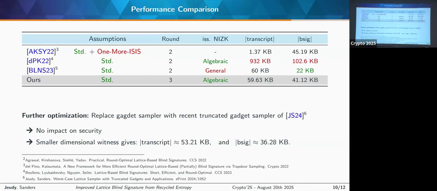And in our case, we keep on standard assumptions and proofs of only algebraic relations, which are much more efficient, and we still reach competitive sizes of roughly 41 kilobytes.